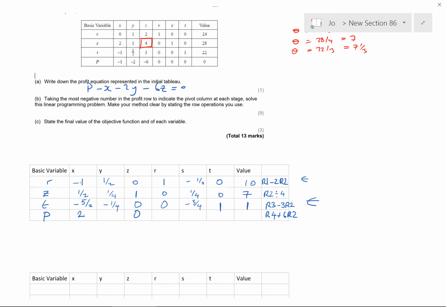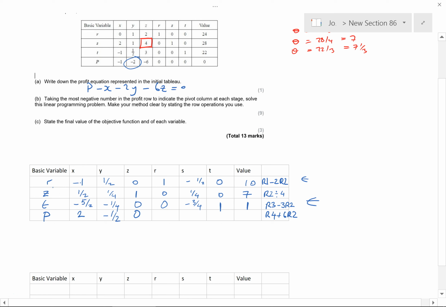Then this number here is equal to the minus 2 here plus 6 times minus a quarter. And that number equals minus a half. Apologies, the number here was correct, but of course it was the half I was working with.